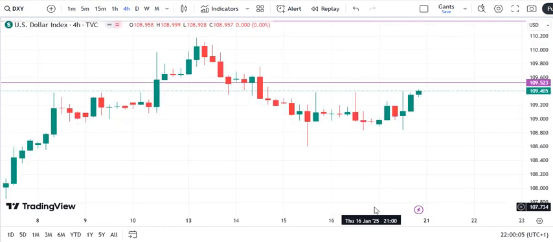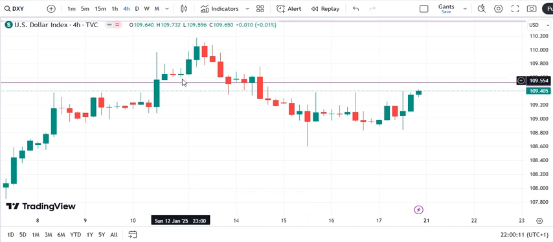Let's go to the 4 hours time frame. For 4 hours time frame, we had Monday open here and then it rallied higher during London session, creating the high of the day during London session, and then it started going lower.